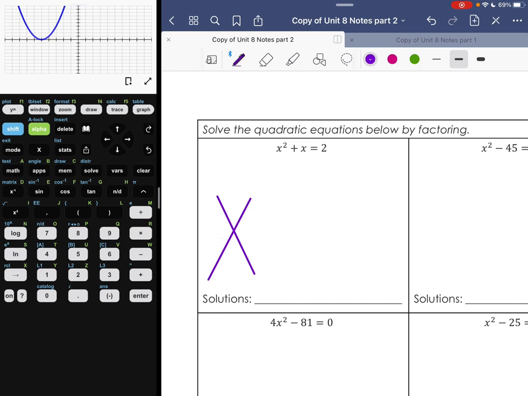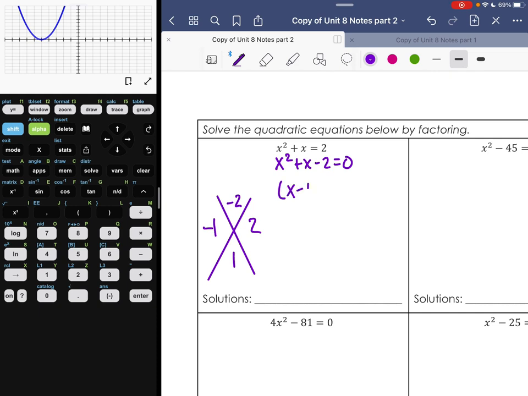So before we can do the x method, I see it doesn't equal 0. So I'm going to have to subtract that 2 to move it to the other side. And so now I have -2 and 1 in my x. So that means that 2 only has one set of factors, 1 and 2. And so we need this to be -1, so that -1 times 2 is -2, and -1 plus 2 is +1.